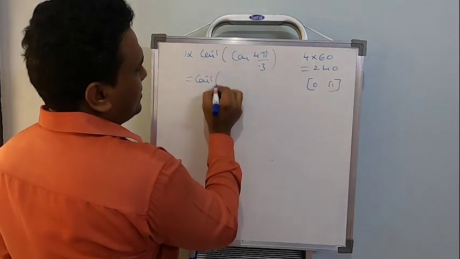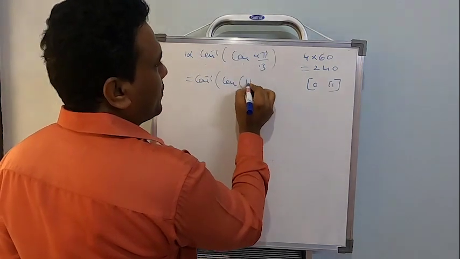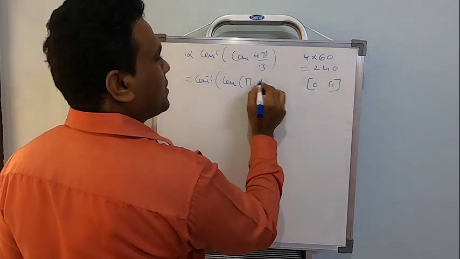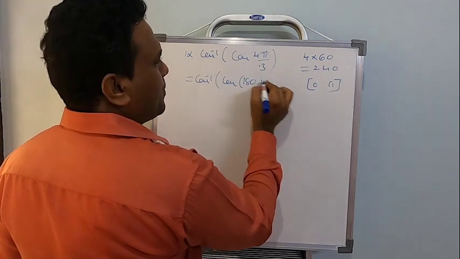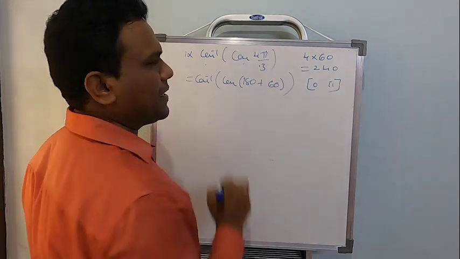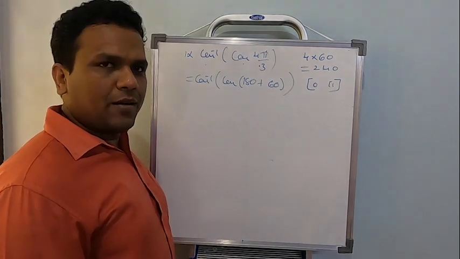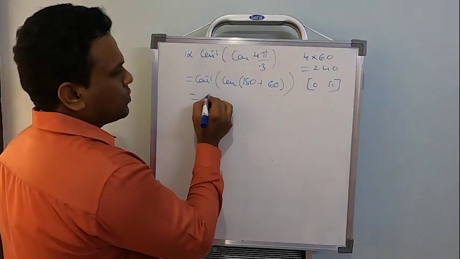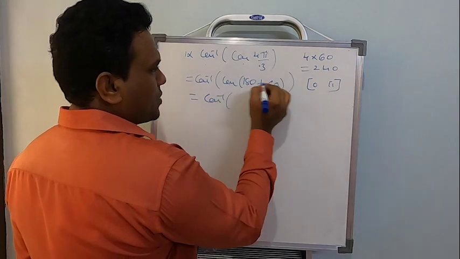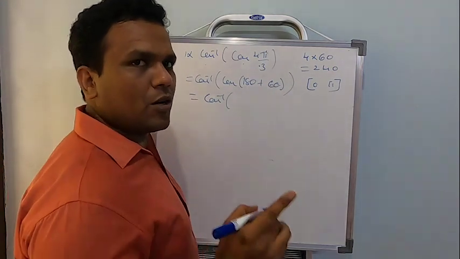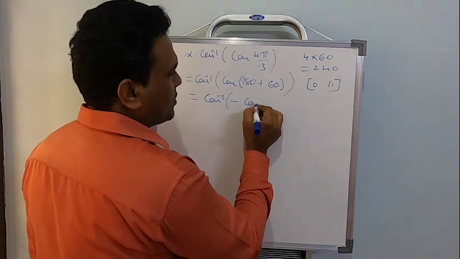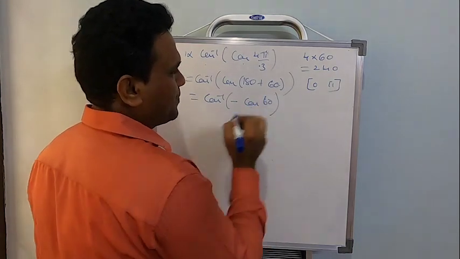So this can be considered as cos inverse of pi plus, okay, 180 plus 60. That's fine, right? 180 plus 60 is going to be 240. So cos inverse, again cos of 180 plus theta lies in third quadrant. Cos will be negative, so minus cos 60.